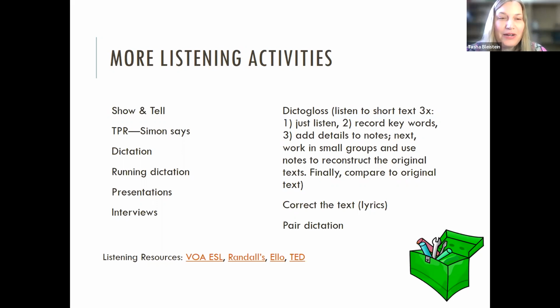Presentations, where you give them a little pressure to present something. Interviews. Dictogloss, they listen 3 times to something. The first time they just listen, the second time they take notes, but they just record the keywords. Then the third time they can add details, and then they get together with a partner and they have to see if they can come up with word for word what was in the original.